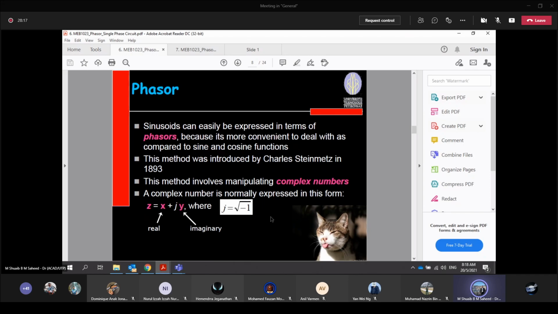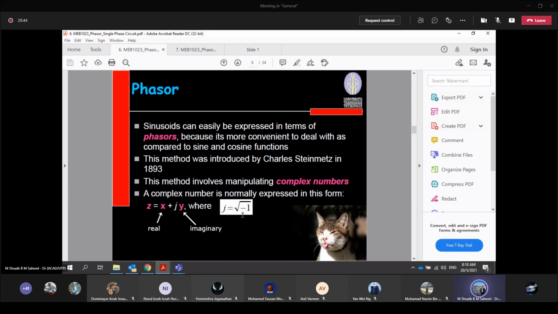The real value is just the integer. It could be a round integer, or it can be a fraction, so it can be in any format. Okay, x should be the real value, and j will be the imaginary value. Remember this: j equals the square root of negative 1.